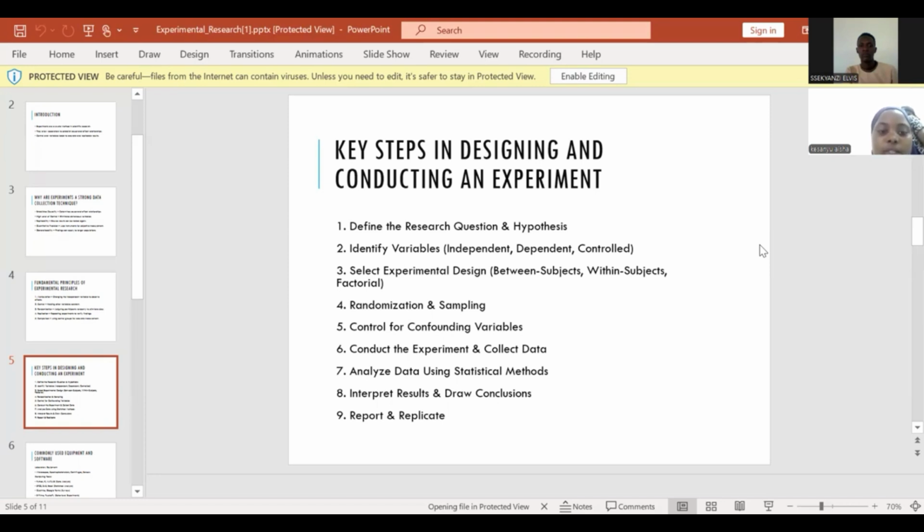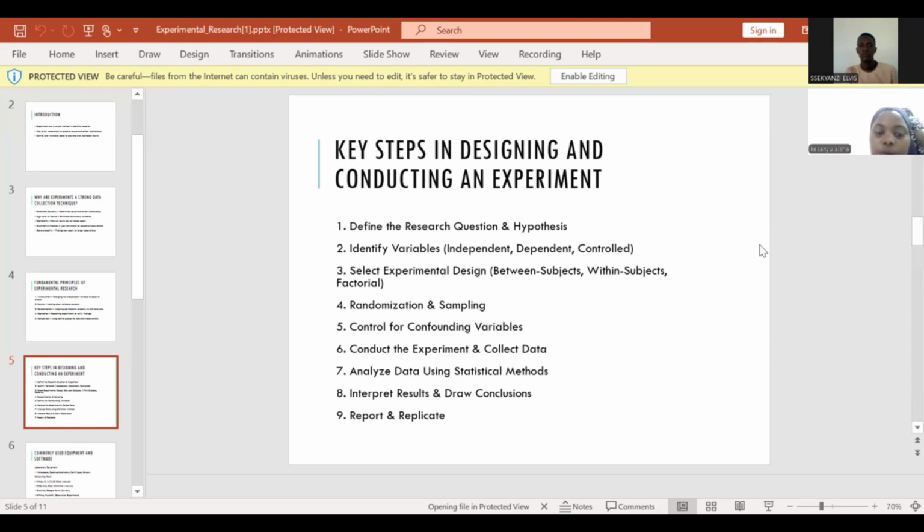So afterwards, you can control for confounding variables. Afterwards, you conduct the experiment and collect data. Then you analyze data using statistical methods and interpret results, whereby you draw conclusions after getting the results, then you report.